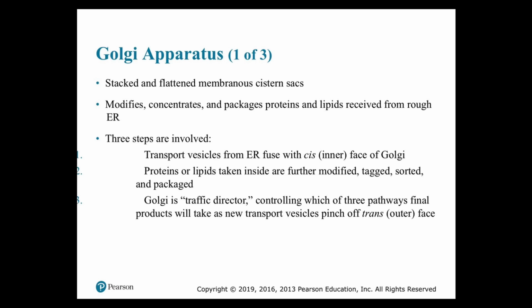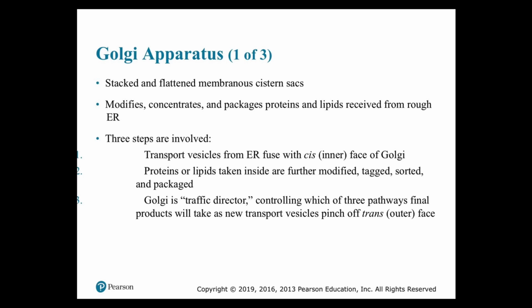The Golgi apparatus is an organelle made up of stacked and flattened membranous cistern sacs. Its job is to modify, concentrate, and package proteins and the lipids that it received from the rough ER. There are 3 steps involved. The transport vesicles from the endoplasmic reticulum will fuse with the cis face of the Golgi.